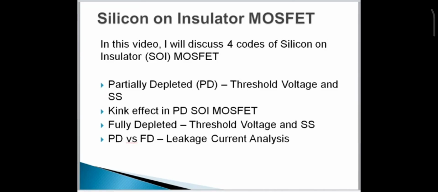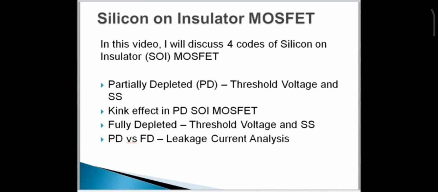Most of the people send me inquiries about partially depleted and fully depleted SOI MOSFET, kink effect in partially depleted MOSFET, and comparison between partially depleted and fully depleted SOI MOSFET on the basis of leakage current analysis. So in this video I will discuss four Silvaco codes of silicon on insulator MOSFET with you.